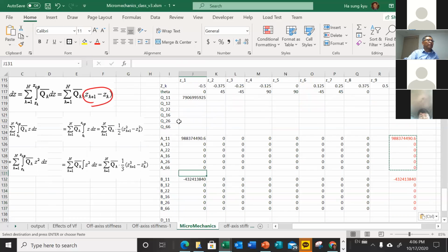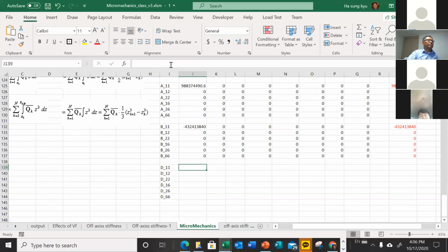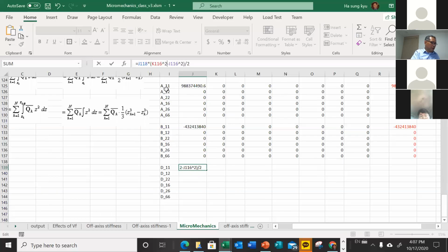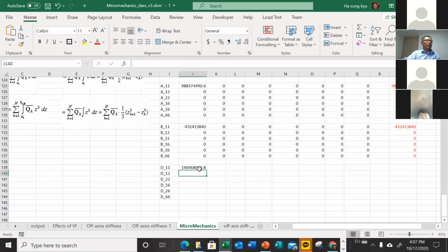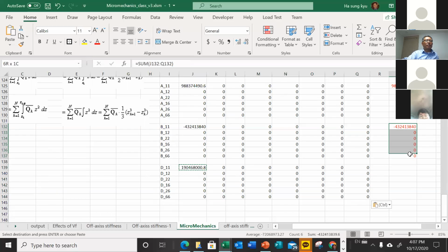And now for the D matrix, we follow the same. Now this one has, instead of 2, we have a 3, and this is the 3, and that is the 3. Okay, so others will be the same, and this also are same.